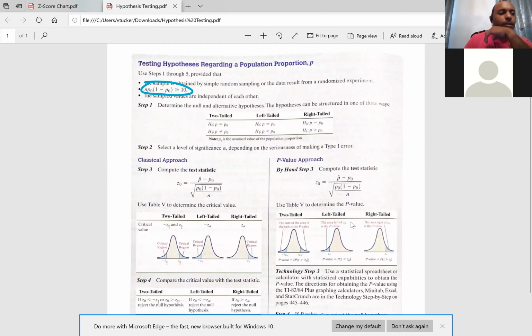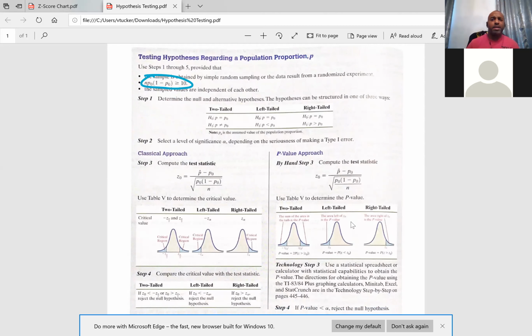All right. So first thing, I sent you guys this hypothesis testing steps.